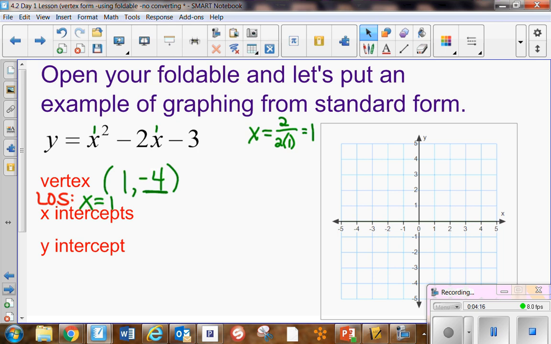To find my x-intercepts, I'm going to set my y's equal to 0. So I'm going to stick 0 in for my y.